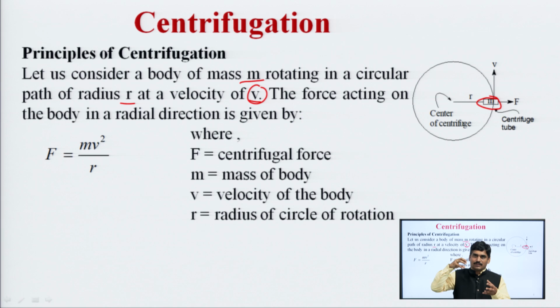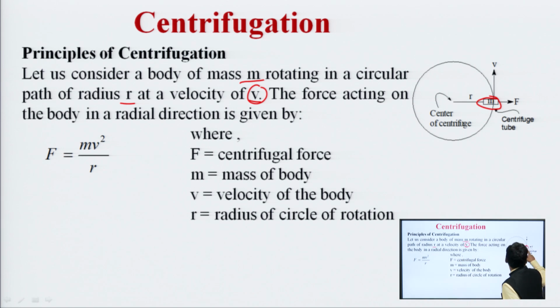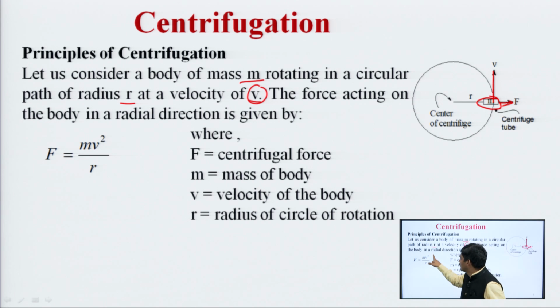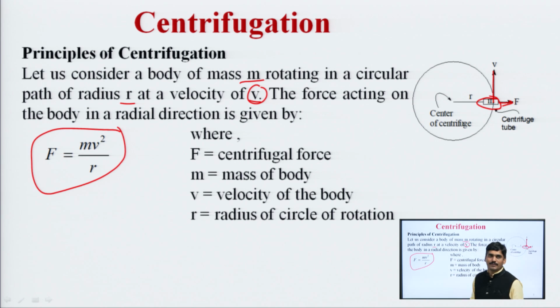So, the force which is acting on the body in the radial direction is given by F is equal to mv square upon r. This is the force which applies on the body, where F is the centrifugal force, m is the mass of the body, v is the velocity of the body, and r is the radius of the circle of rotation.